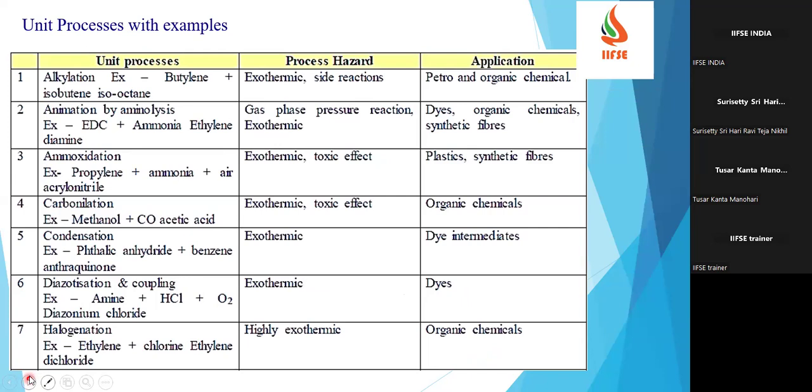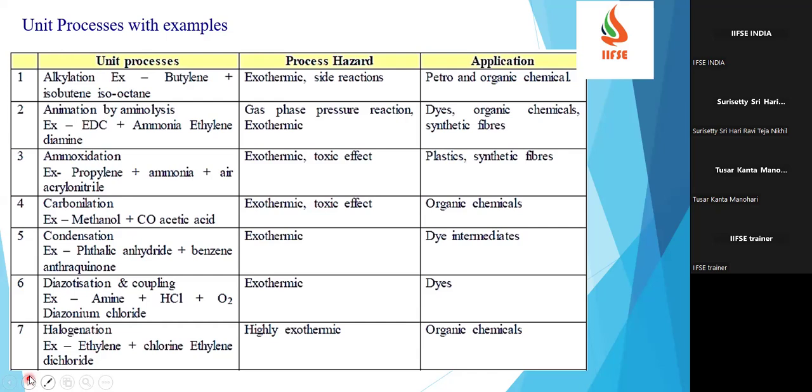Basically this happens in petro and organic chemical manufacturing. Amination by ammonolysis is a gas phase, pressure reaction and also exothermic. This happens in dyes, organic chemicals and synthetic fibers. Ammoxidation is also exothermic with toxic effects. And carbonylation is also exothermic.